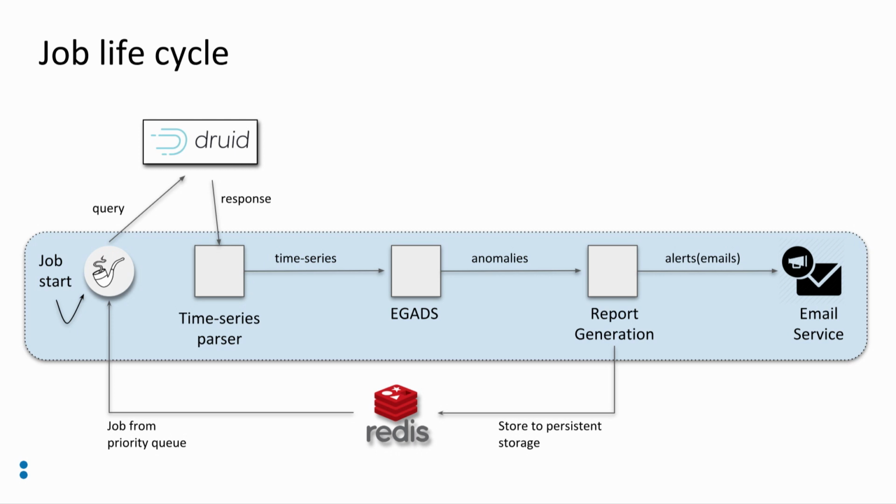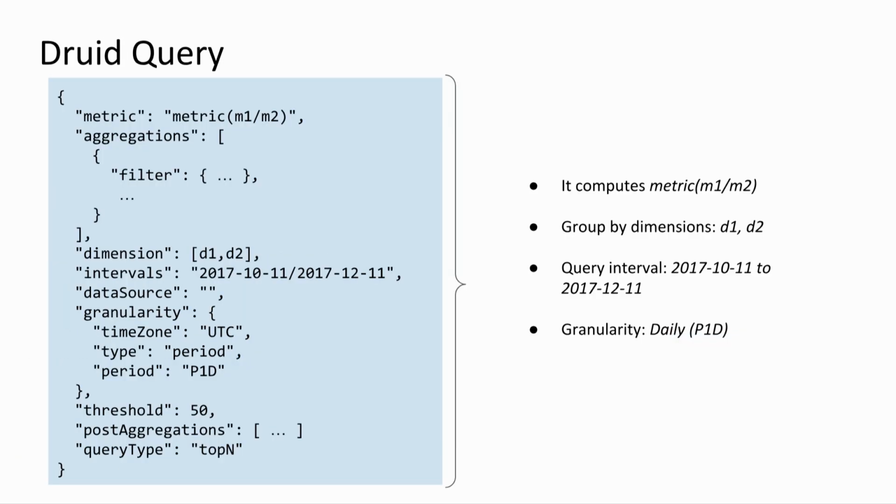Let's deep dive into how Sherlock processes the Druid query. Here I have a sample Druid query which we use inside Sherlock. When the user inputs this query, it first grabs some metadata from the query: which metrics we are computing, what the group by dimensions are, what time interval we are running on, and the granularity detail, like daily, hourly, weekly, or monthly.